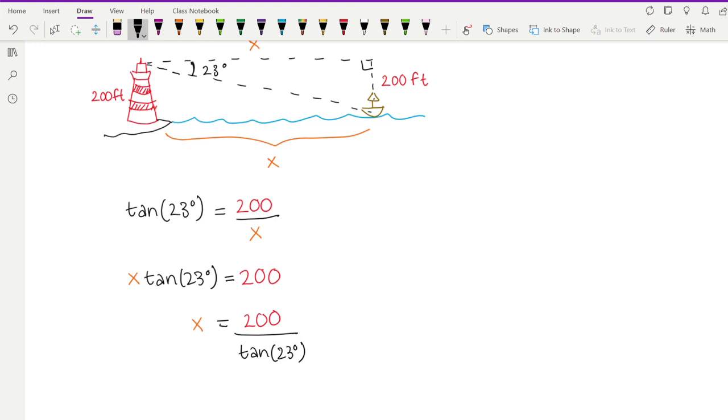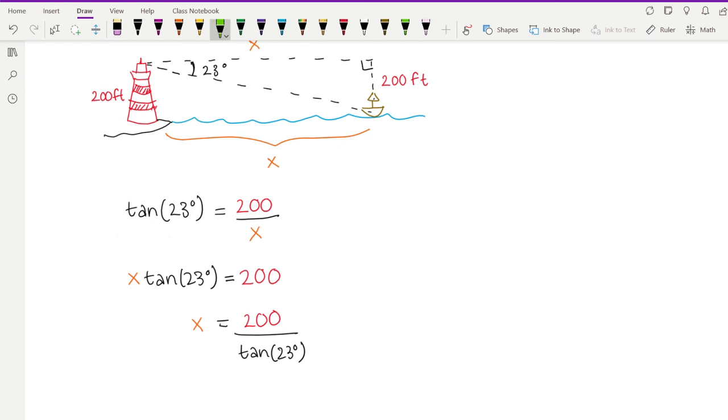And again, I really encourage you, don't type tangent in yet. I think it's very tempting to right away want to see this as a number. Tangent of 23 is a number. You can just leave it written as tangent of 23, and it works just like any other number. You can multiply both sides by it, you can divide both sides by it, you can do whatever you want, just like you can do with any number.